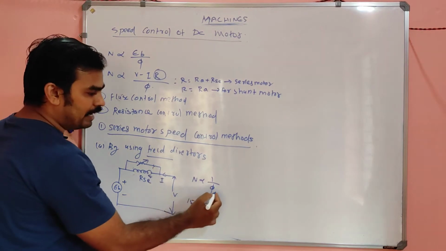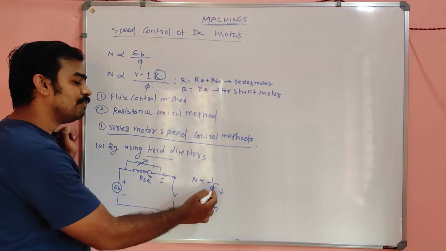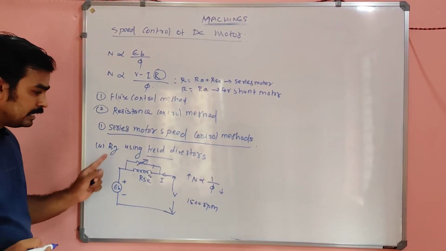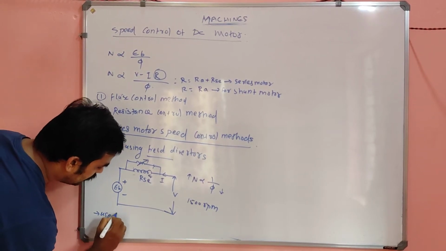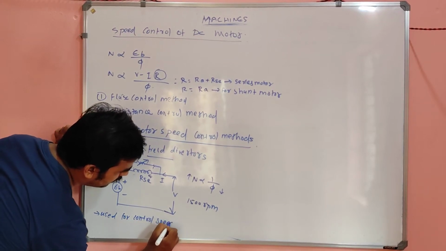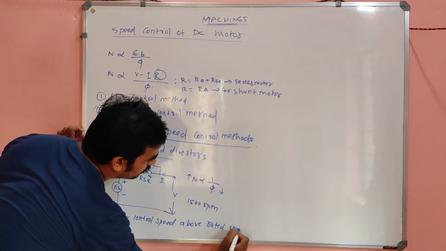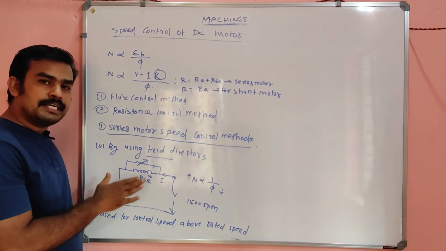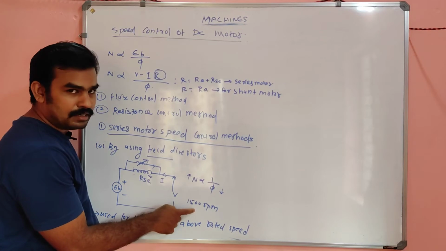That means the phi will be reduced. When the phi reduces, the n will increase. So this method of speed control is used for controlling speed above rated speed, because we can't reduce speed below normal speed. Suppose it is 1500 RPM.